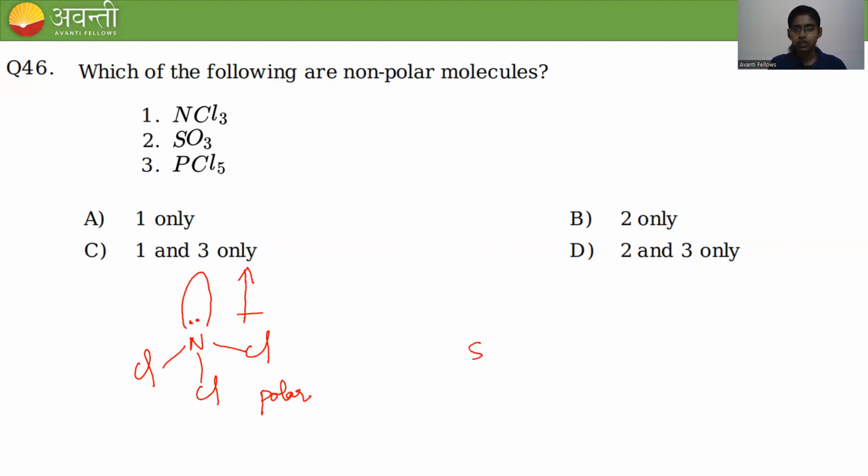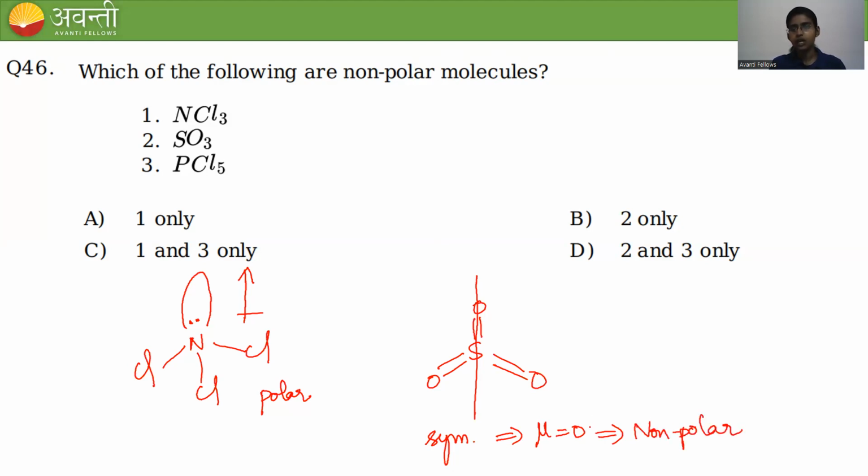And coming to SO3, the structure is S double bond O, double bond O, double bond O. So you can see the structure is symmetrical. And all the symmetrical structures are having zero dipole moment, means they are non-polar. In all the 3 sides, there is equal pulling of electrons. So the bonds don't get polarized. Okay. And coming to PCl5.